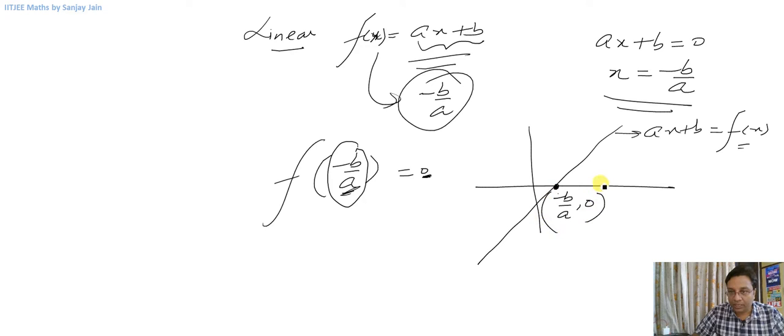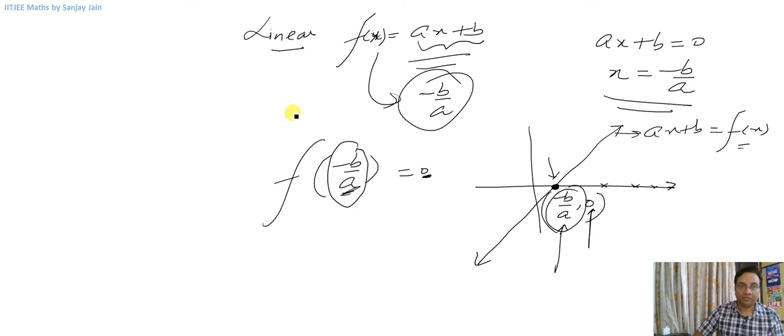We know that at every point of x-axis, the y coordinate is 0. So this is the point that tells me if I put minus b by a in place of x, it will give me 0. Or another way of thinking about it is, wherever the graph cuts x-axis, that x value is the 0 of that polynomial, okay.